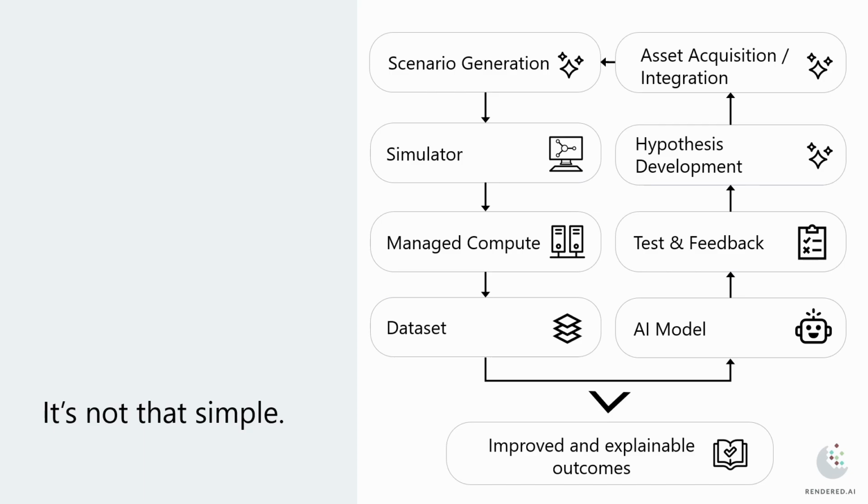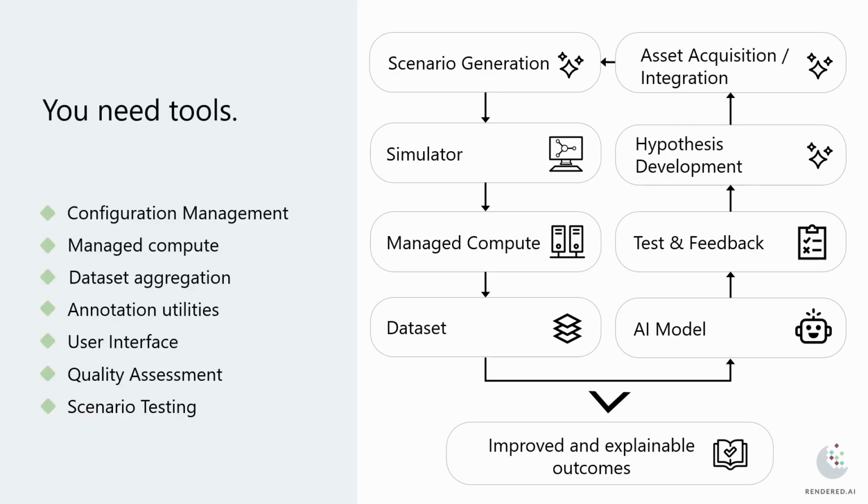So as we generate data sets, we want to be able to do that in a hypothesis-driven way where we can test our hypotheses, build new data sets, and then quickly get feedback and understand what improvements or not have been made. And it's only going through that iterative process that we end up with improved and explainable outcomes.